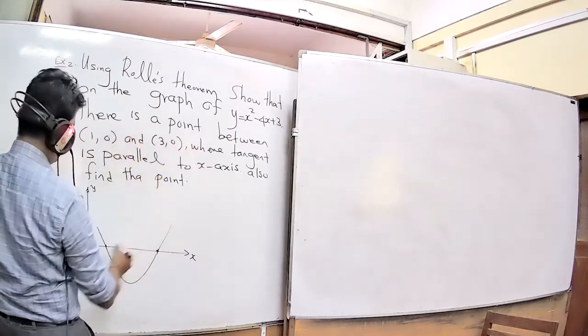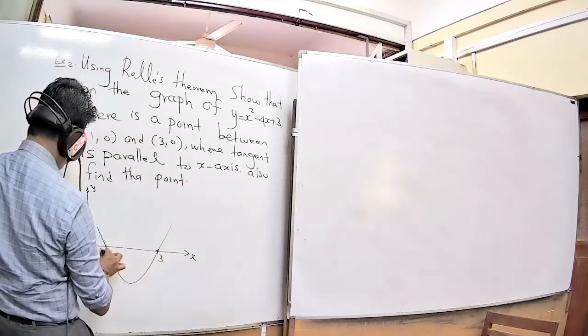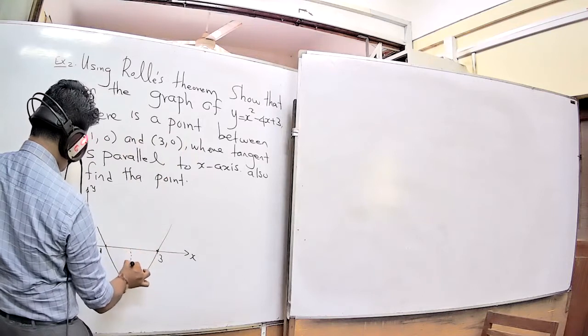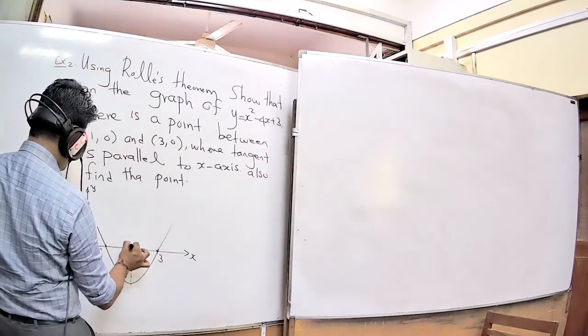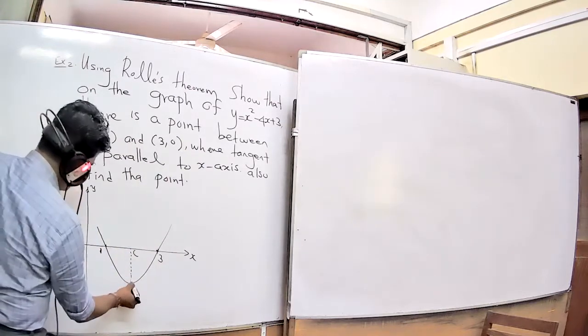There is a point between 1 and 3. Assume this point is C. At this point the tangent is 0.